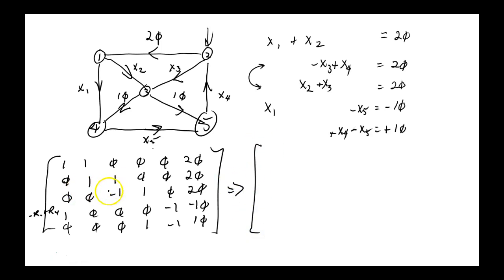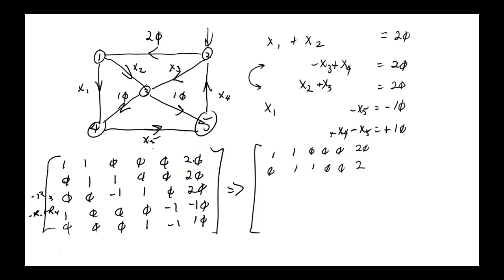Now at the same time, I want to change signs, minus row 3. I want to just change those signs so that becomes a plus 1. Is that okay too? All right, so the top row stays the same, 1, 1, 0, 0, 0, 20. Then 0, 1, 1, 0, 0, 20.